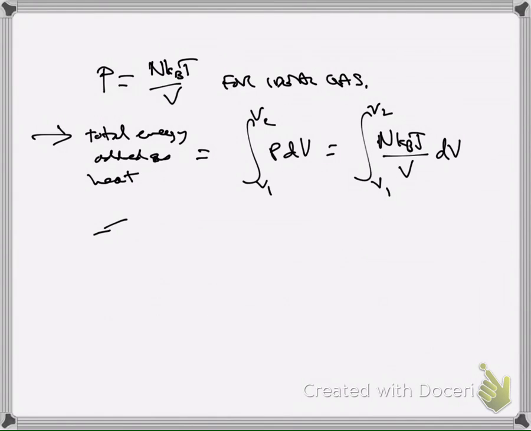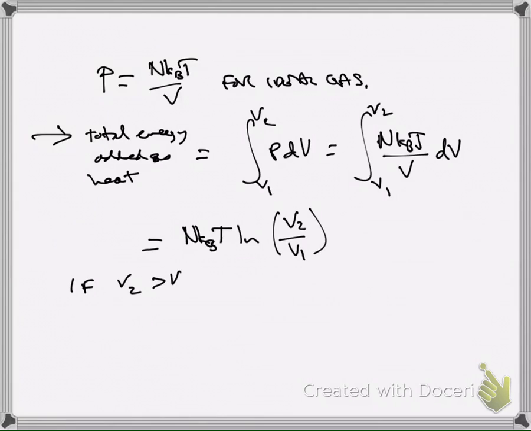And that is just N k Boltzmann T natural log V2 over V1. If V2 is greater than V1, then total heat added must be greater than 0, right? It costs energy to expand the gas and yet keep the temperature fixed.